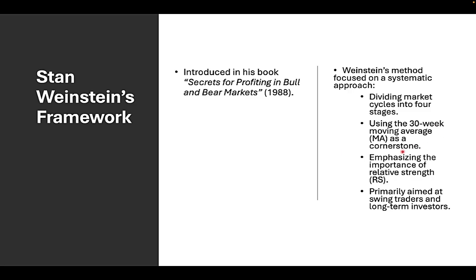Along with it, the next indicator used is relative strength. So remember, relative strength here is not the relative strength index, that is RSI. This RS, relative strength, indicates how the stock or the scrip is performing with respect to the overall market. So it's a comparative analysis.